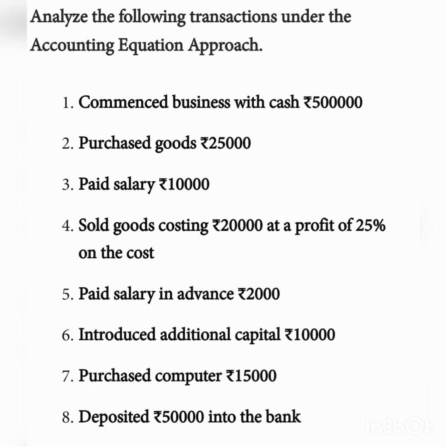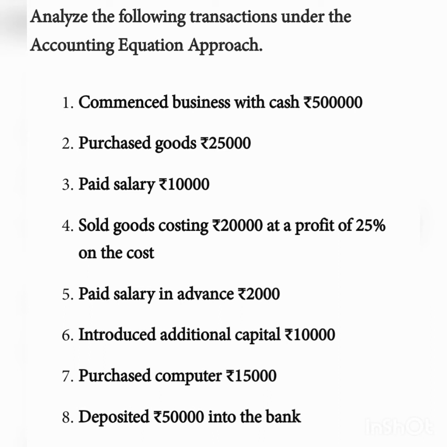Then there is a balance of 5 lakh in capital account. Then deduct 10,000 from capital account. Net amount equal to 5 lakh minus 10,000 equal to 4,90,000. Under asset side, the net amount of cash account equal to 4,65,000. Then purchase under stock column, stock column 25,000.